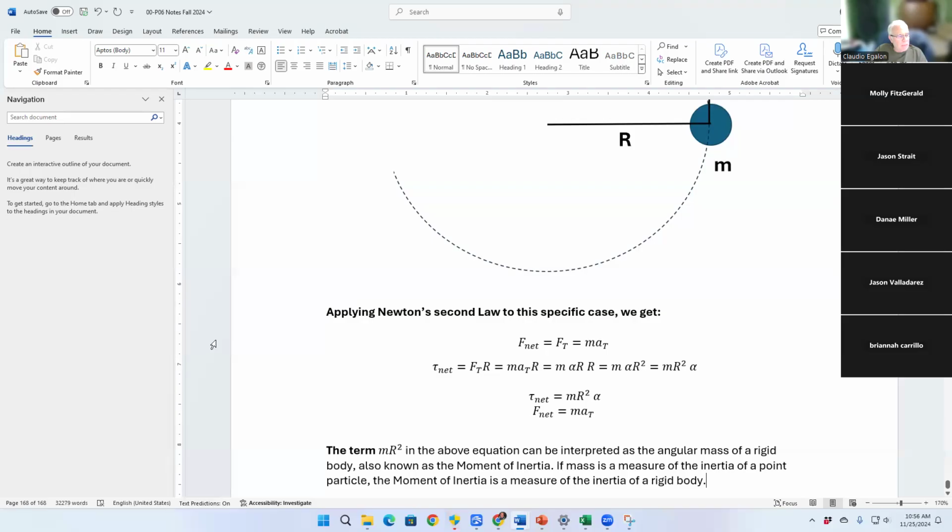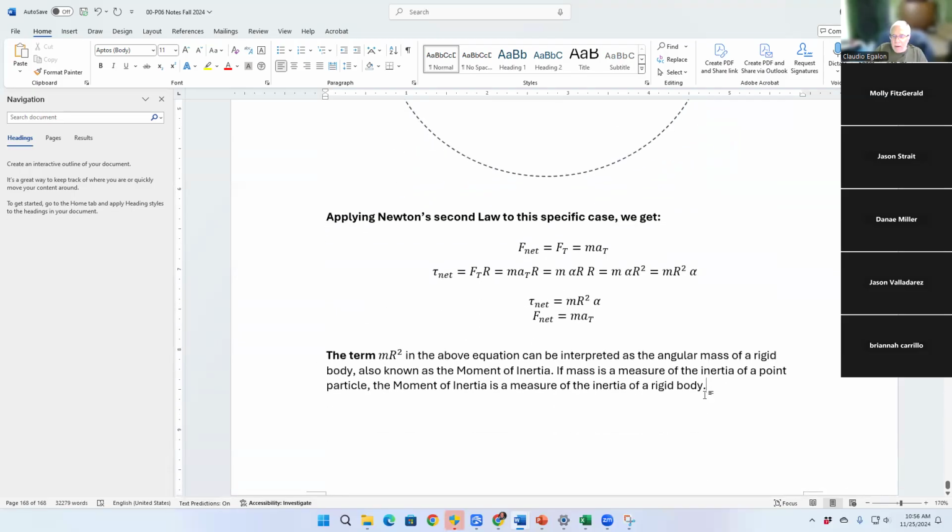And how do you do that? Let me show how you do that. I'm going to write that down here, and the moment of inertia we usually write as I. Okay, and that's the moment of inertia for a point particle.